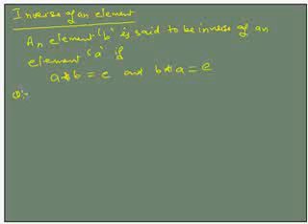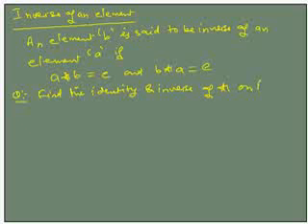So let us see an example. Find the identity and inverse of star on R given by A star B is equal to A plus B upon 4.